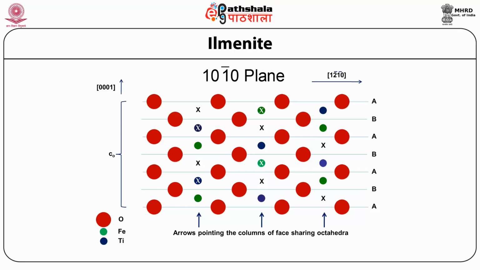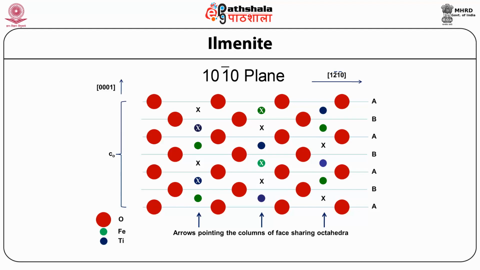In the previous slide, we have seen that the first layer is there, over that the second layer is there over the voids, and then the third layer is formed. But still there are some vacant spaces which we are representing by vacant octahedral sites. So this figure also represents the same thing. Here the red color big circle corresponds to oxygen, the green color small circle corresponds to iron, that is Fe, and the blue color small circle corresponds to titanium, that is Ti.